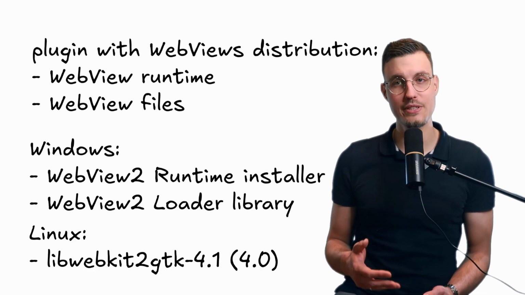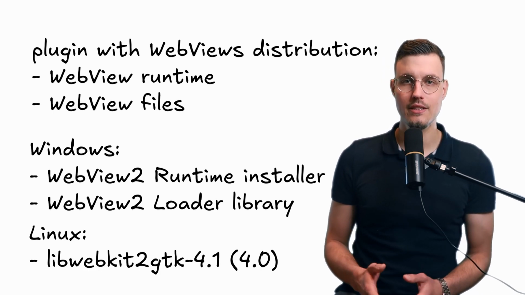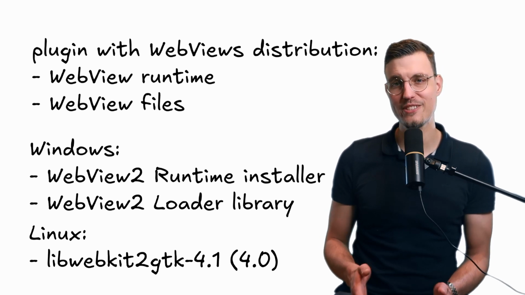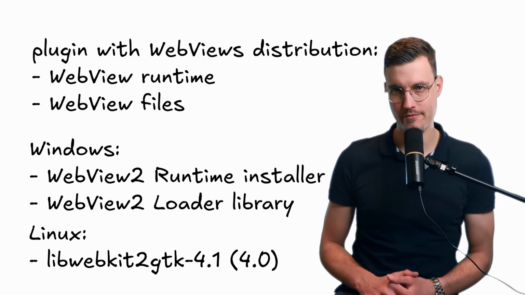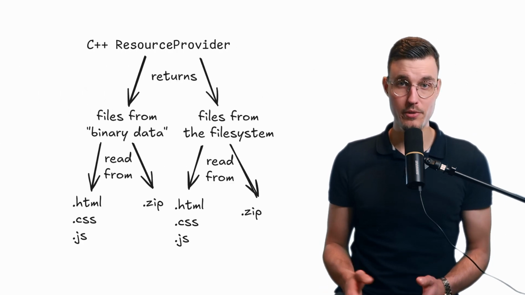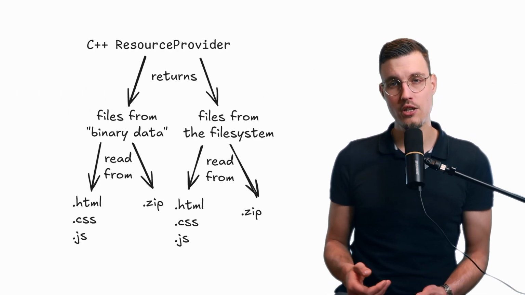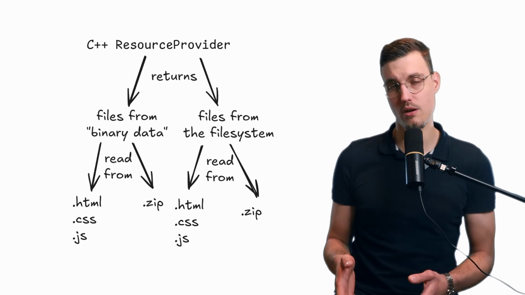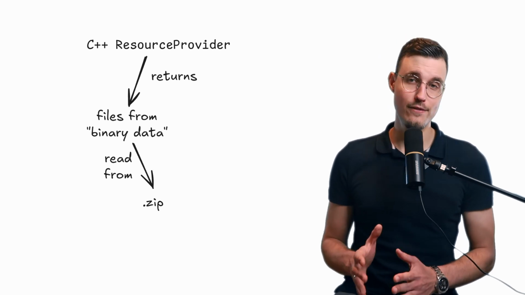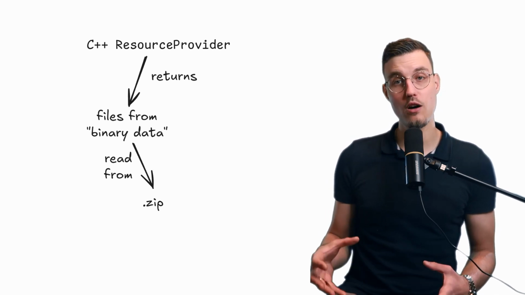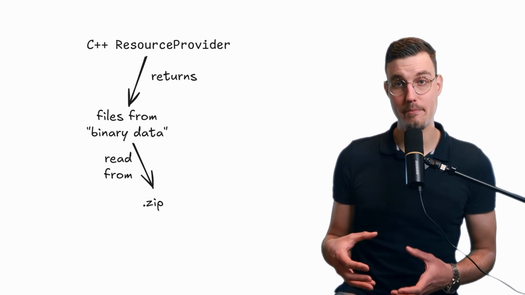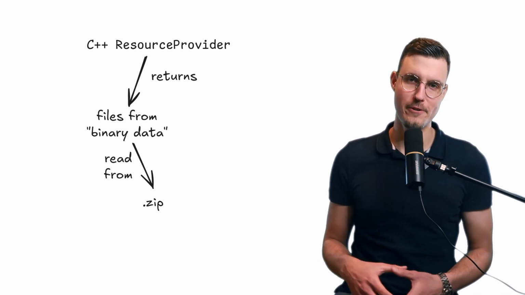On Linux, your users must install the libwebkit2gtk 4.1 package or its 4.0 version. When it comes to distributing WebView files with the plugin, treat them as any other asset that you would normally ship with your plugin. A good default approach is zipping all web UI files and embedding them as JUCE's binary data into the final binary.